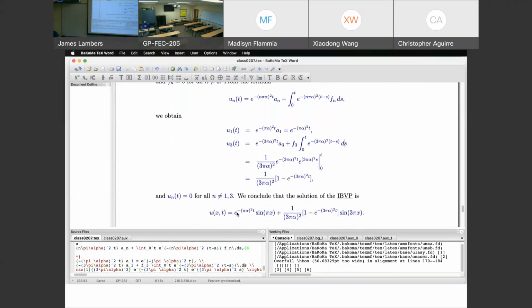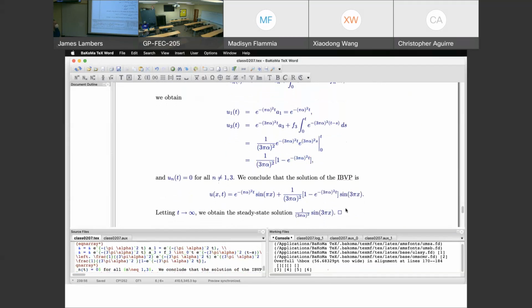So now my solution is actually going to have just two terms. This term corresponds to n equal 1, so what I have here is multiplied by sine n pi x for n equal 1. And then my other term is for n equal 3, so this right here is multiplied by sine n pi x for n equals 3.